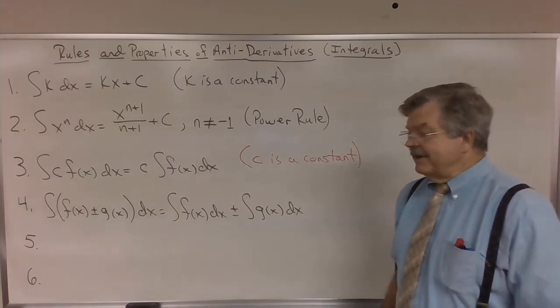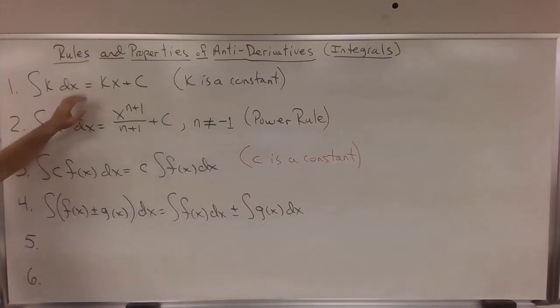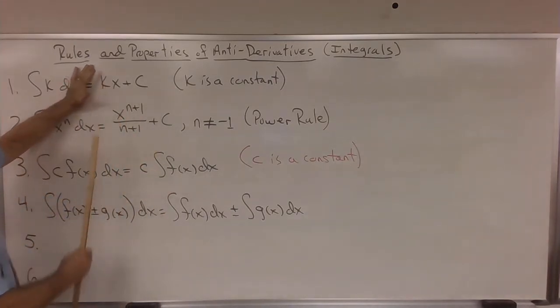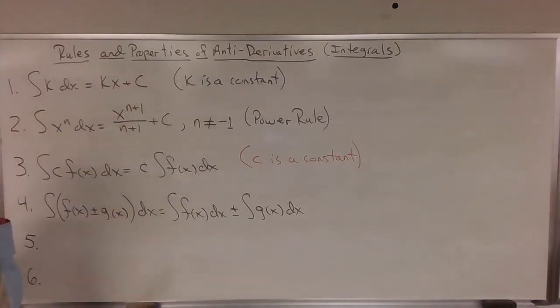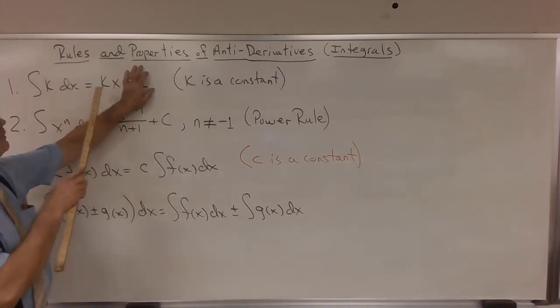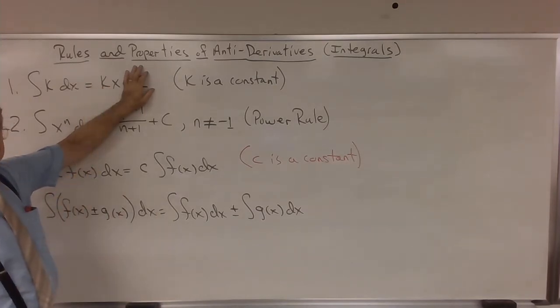And with derivatives, think about this. When we compute the derivative of a constant times x, what do we get? Let's say the derivative of 3x. Well, the derivative of 3x would just be 3. And that's right. So suppose we computed the derivative of a constant k times x. That derivative would be k, wouldn't it?